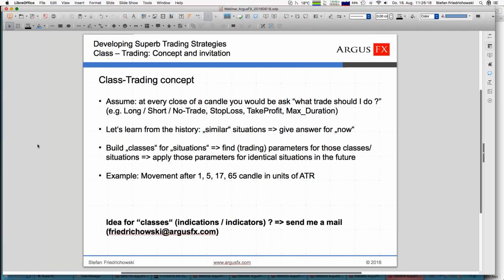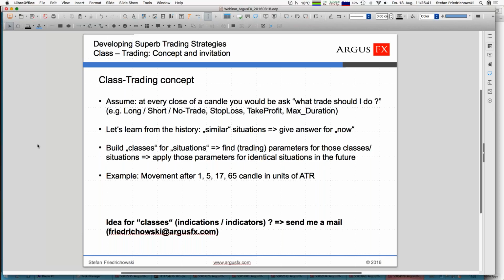But now another topic, because I want to introduce something, and I want to invite you to give your hints, ideas to that kind of strategy. That strategy runs here at my table together with a colleague under the name of class trading concept.